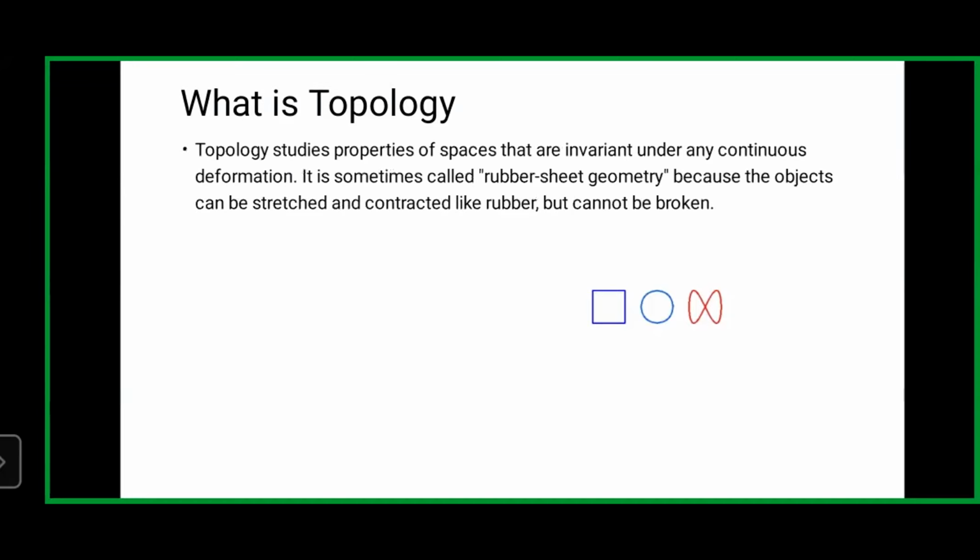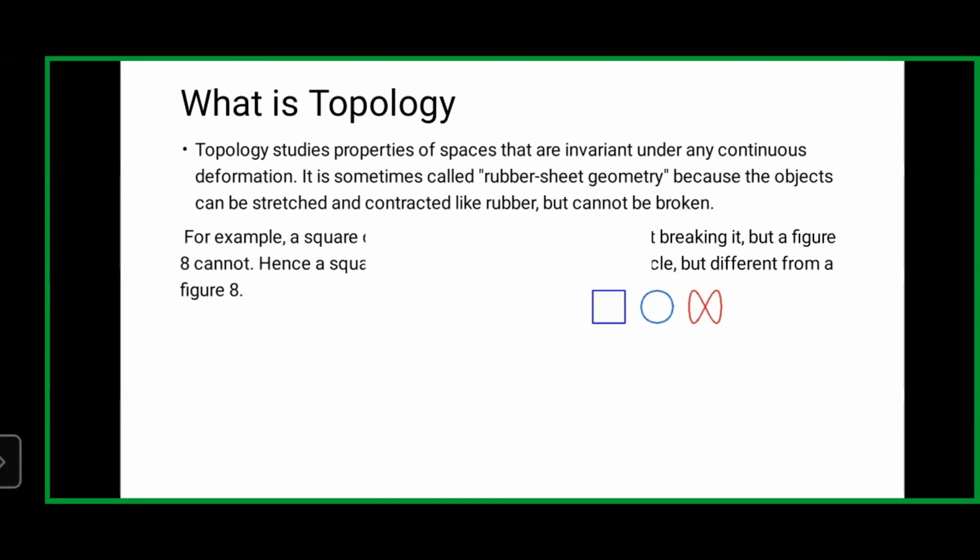Topology studies properties of space that are invariant under any continuous deformation. It is sometimes called rubber sheet geometry because the object can be stretched and contracted like rubber but cannot be broken. For example, a square can be deformed into a circle without breaking it, but a figure 8 cannot. Hence, a square is topologically equivalent to a circle but different from a figure 8.